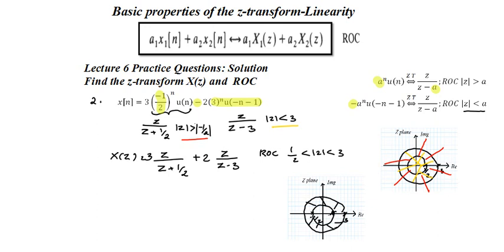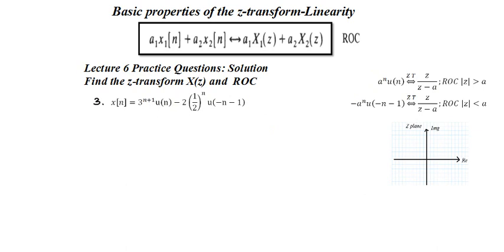Now I will explain the next question. Here again two parts, one is causal, another one is anti-causal. Again, if you consider the first case signal, it's 3 raised to n plus 1. So simply you can write it like this. It becomes 3 into 3 raised to n.